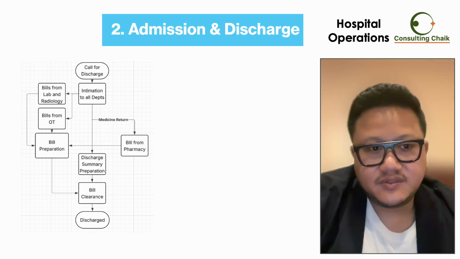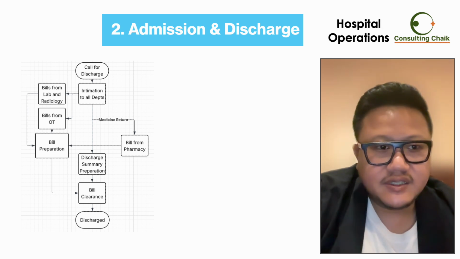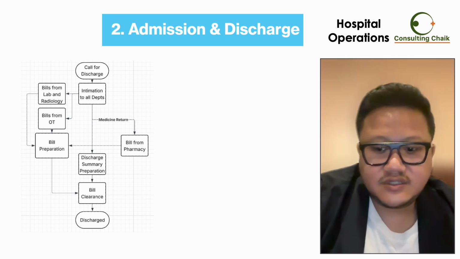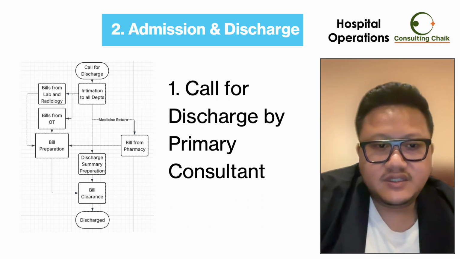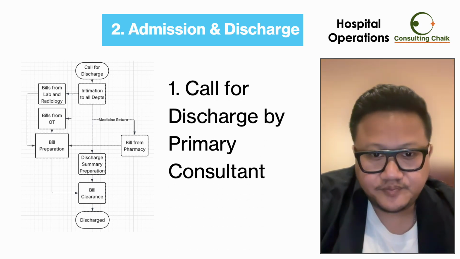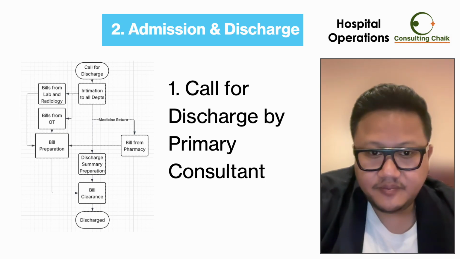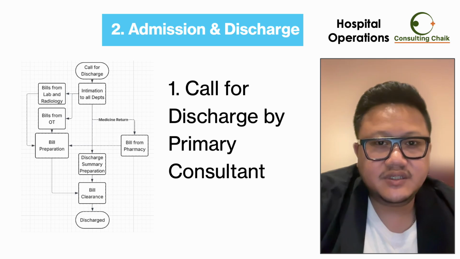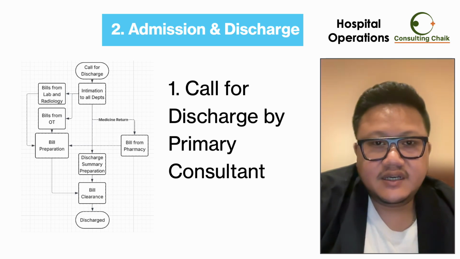Now the discharge process. So this is on your left side of the screen, you can see the whole discharge process. So discharge process starts with call for discharge by the primary consultant. There can be other consultants as well. Say for example, a person who is going through a GI surgery or GI medicine.